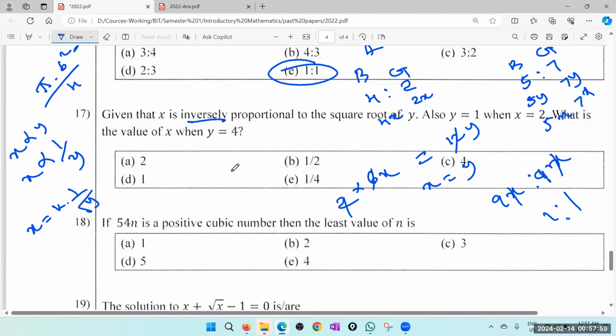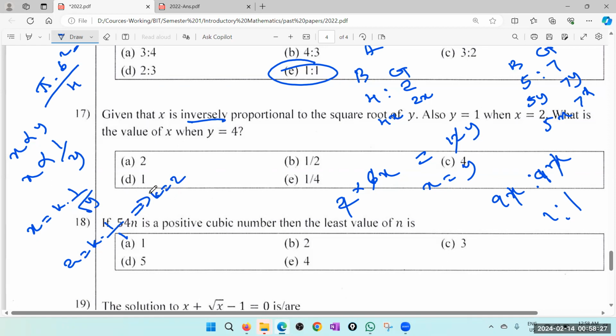Also y equals 1 when x equals 2. So that is to find the k value. When x equals 2, y equals 1. So therefore k must be 2.